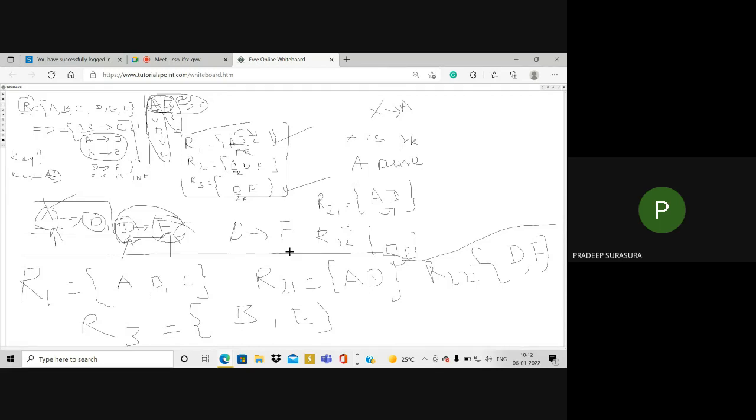Normalize R into R1, R2, R3. When you draw the diagram accordingly, you will understand how to break them. So ABC is in R1, in R2 we have A, D, F, and in R3, B and E.